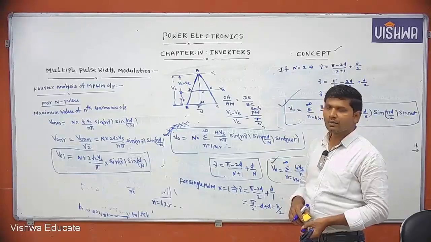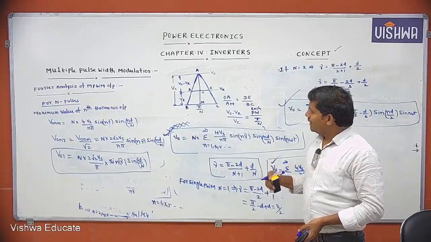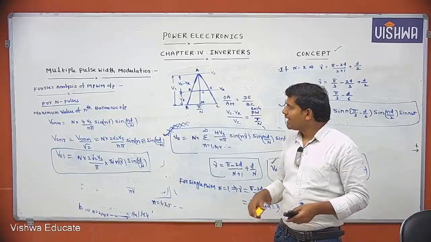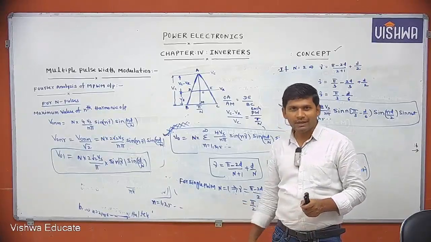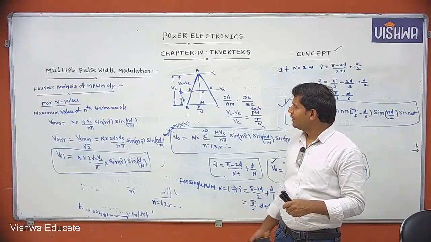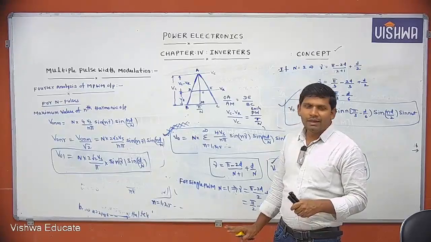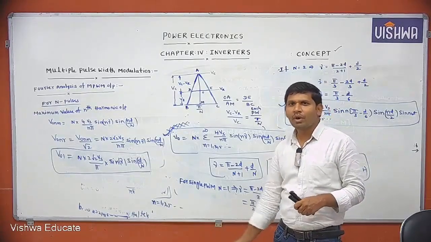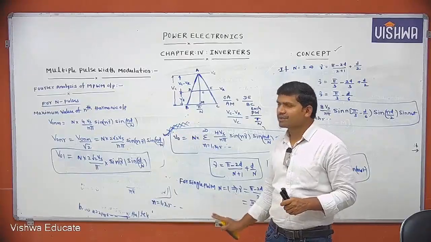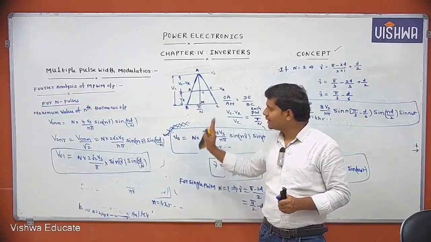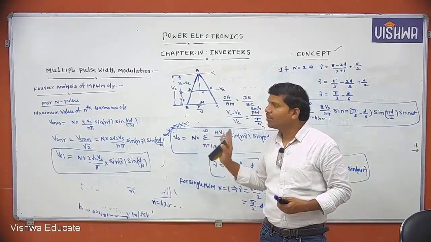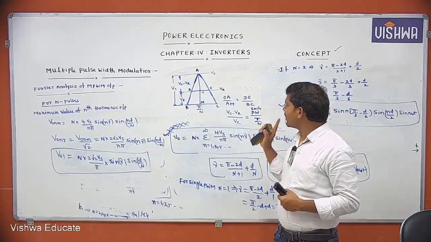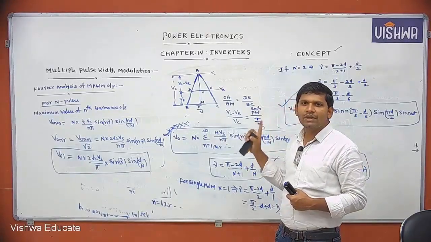Clear? Concentrate. In the next session, we will continue with the sinusoidal pulse width modulation technique. After that, in sinusoidal pulse width modulation, what is unipolar switching and what is the bipolar switching concept, I also want to cover. This was in detail about multiple pulse width modulation: the number of pulses per half cycle in multiple pulse width modulation is N equal to fc by 2fr.